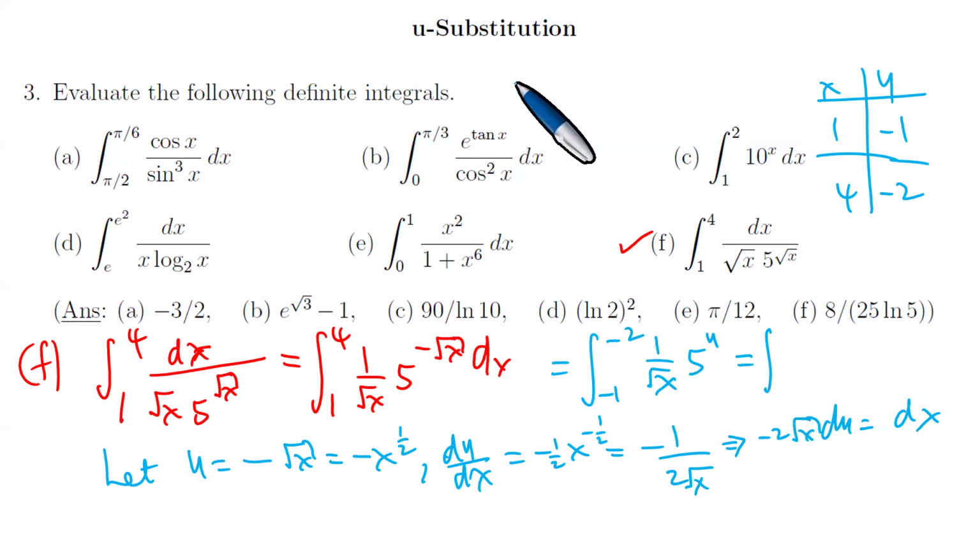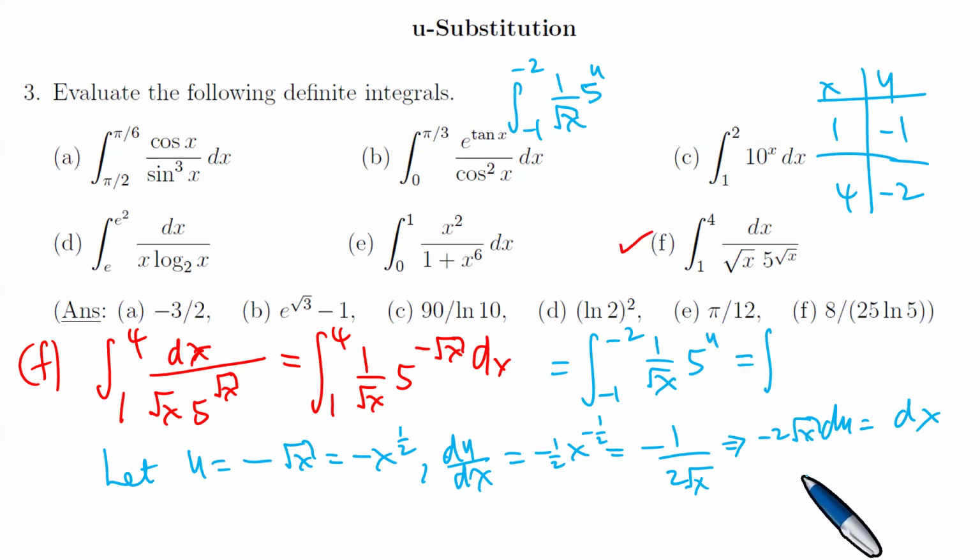So we can write here. It is the integral from minus 1 to minus 2, 1 over the square root of x, 5 to the power u.